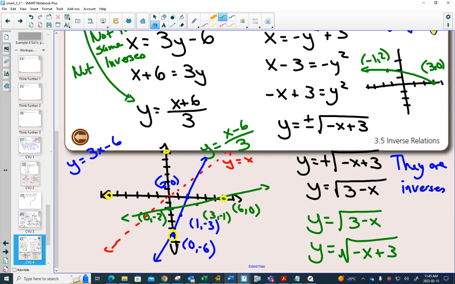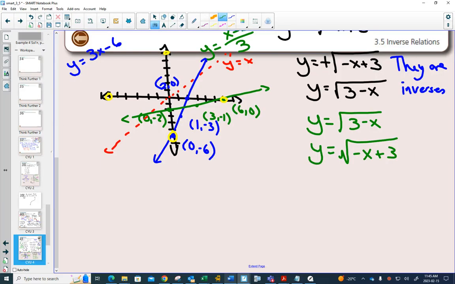Then we have a horizontal reflection and a horizontal translation. This is not 3 to the left. Why? Because it's not in factored form. So we would have to first write it in factored form because we have a horizontal reflection and a horizontal translation. Whenever you have two horizontal things, it always has to be written in factored form.